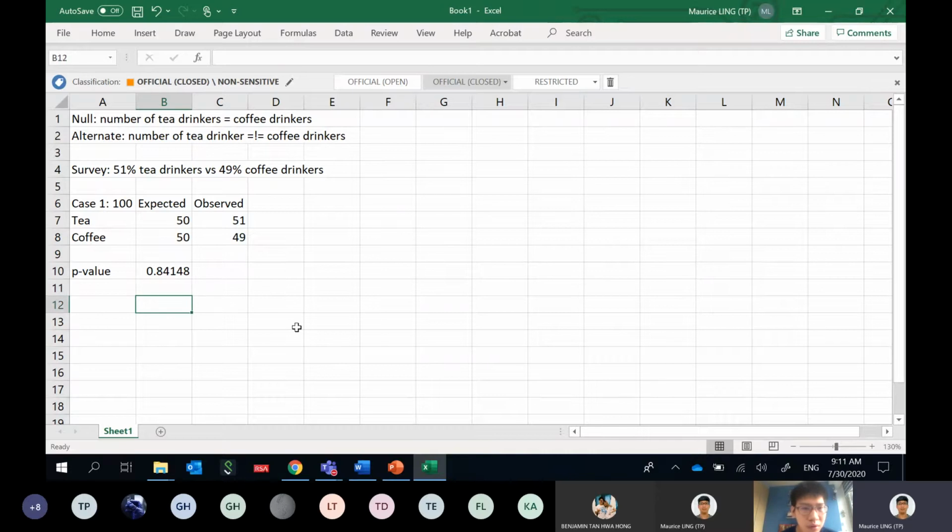So in this case, do I reject or accept the null hypothesis? Ben, I always pick Ben today for this question. Yeah, so the p-value is more than the significance level. So you accept or reject the null hypothesis, the conclusion?